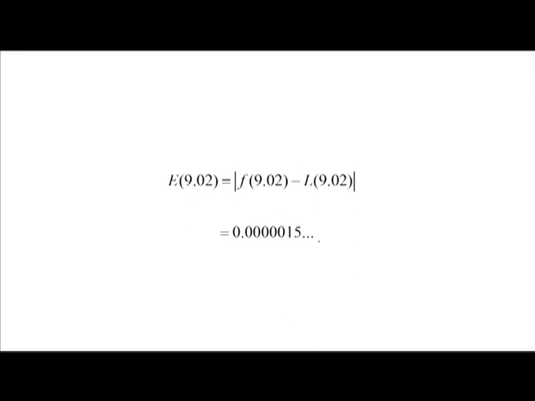The absolute value of the error at x equal to 9.02 is E of 9.02 equal to the absolute value of f of 9.02 minus L of 9.02, which is equal to 0.000015 and so on.